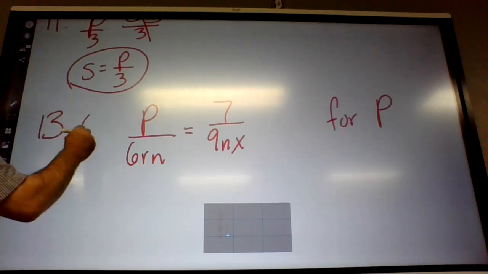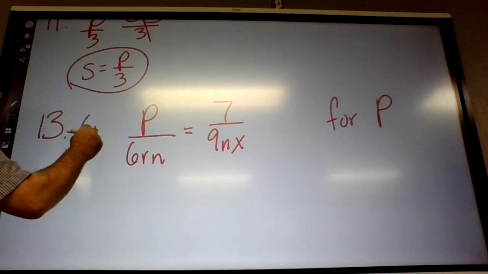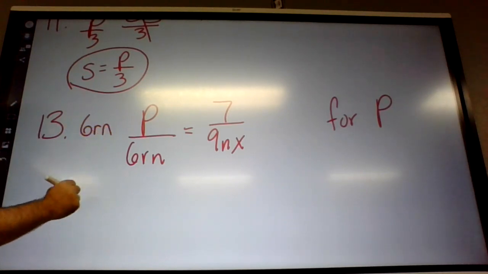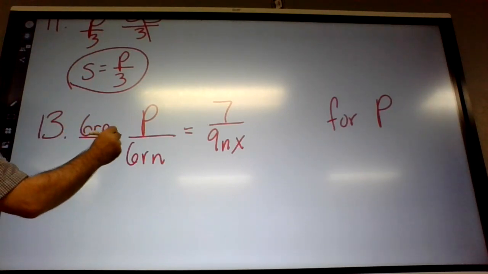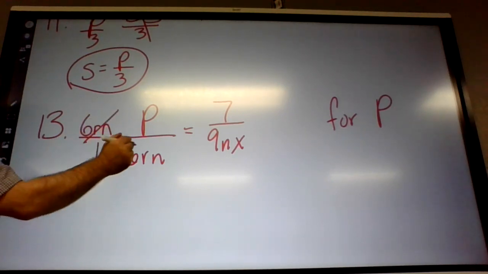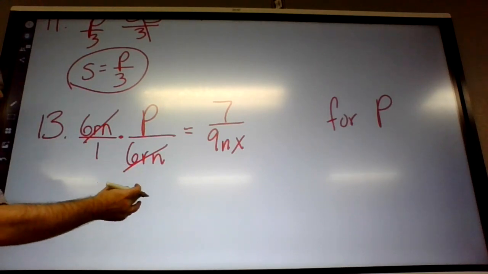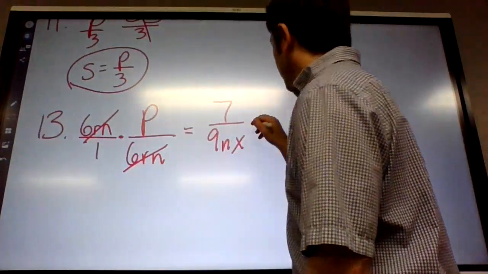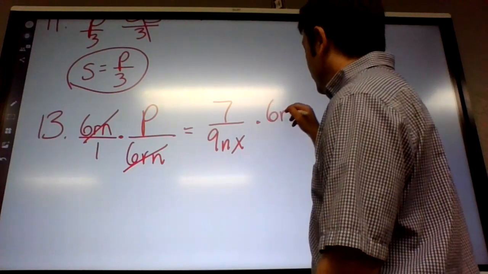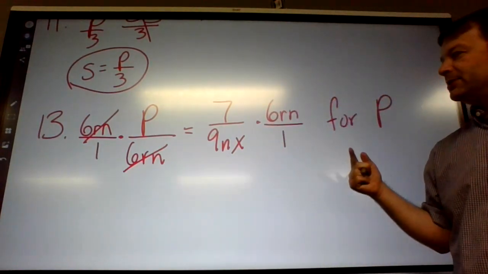So how do I write 6R in as a fraction? Over 1. When I multiply the left side by 6R in, that goes away, which is what we want, right? On the right side, when I multiply by 6R in, really I'm just multiplying the top by 6R in.